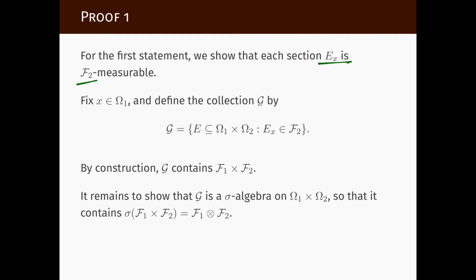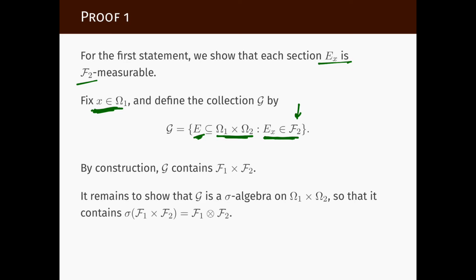Well, fix some x, because we want to prove this for each fixed x. So let's suppose x is fixed now, and we want to consider the collection G of subsets of this Cartesian product such that the section, once we fix x, is measurable with respect to the second sigma algebra.